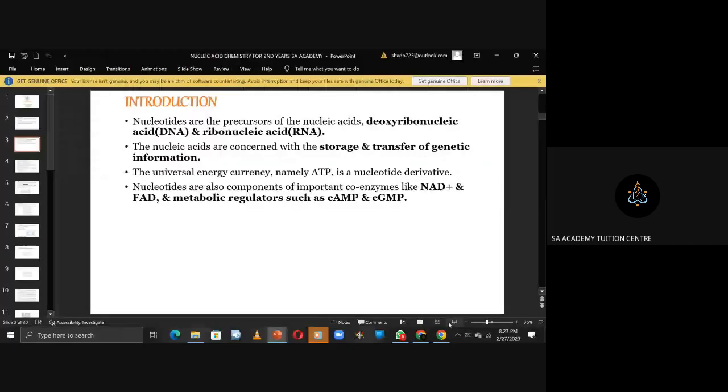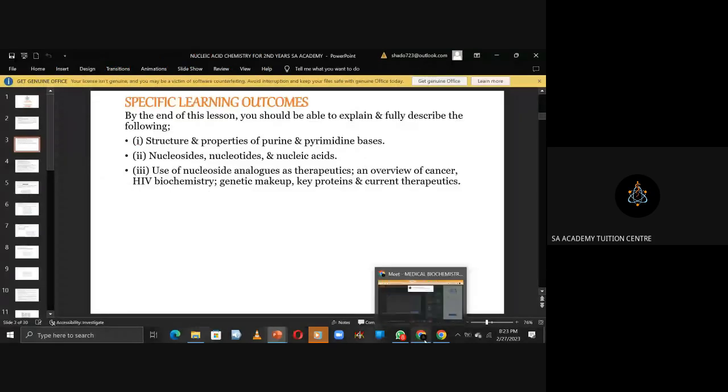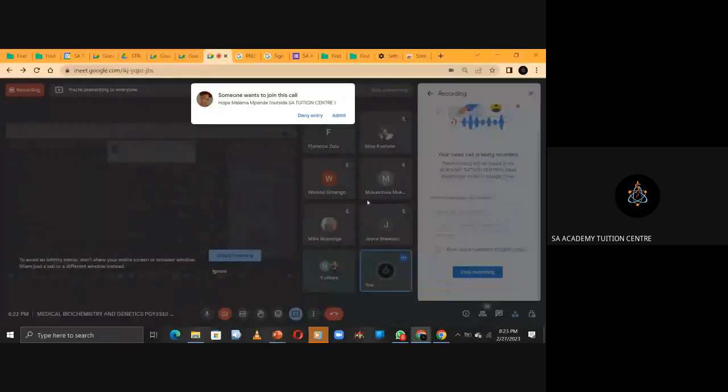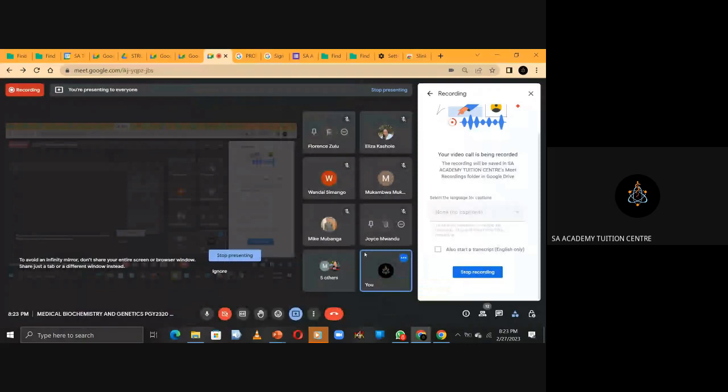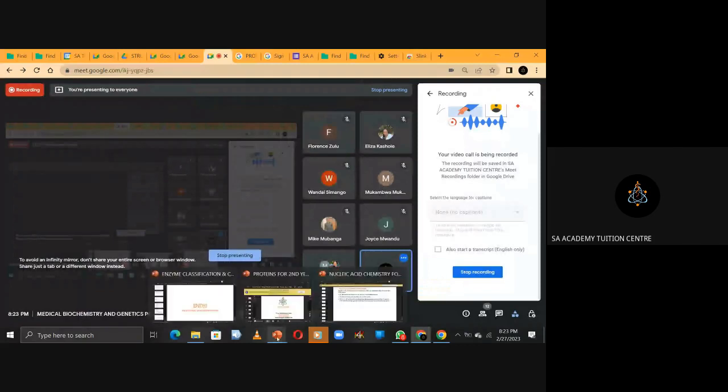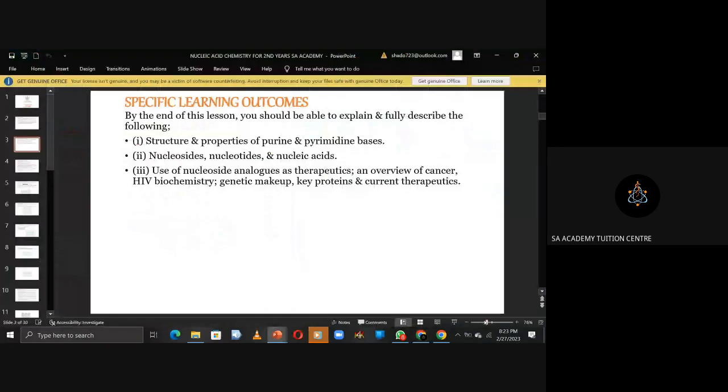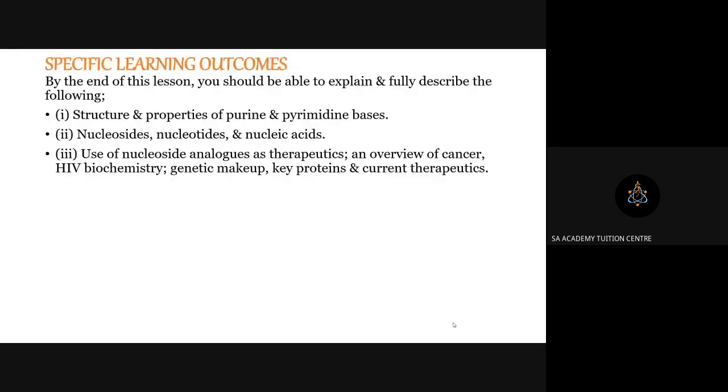So it is very wise for us to know how to draw these structures. By the end of this class, you should be able to draw the structures of the purines and the pyrimidines. It's not like 1400 where they used to give you just MCQs alone. No.